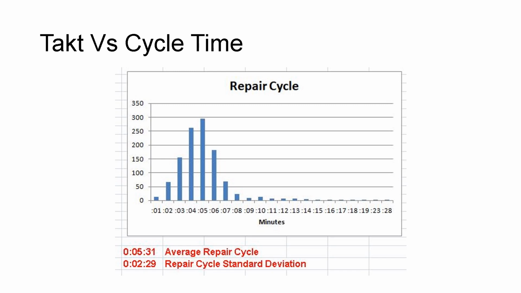To have a balanced line, cycle time of every step should be below the takt time, which is the inter-arrival cycle. Average measured repair cycle of 531 is a bit larger than the target of 502, which is the takt time defined by the average inter-arrival time.